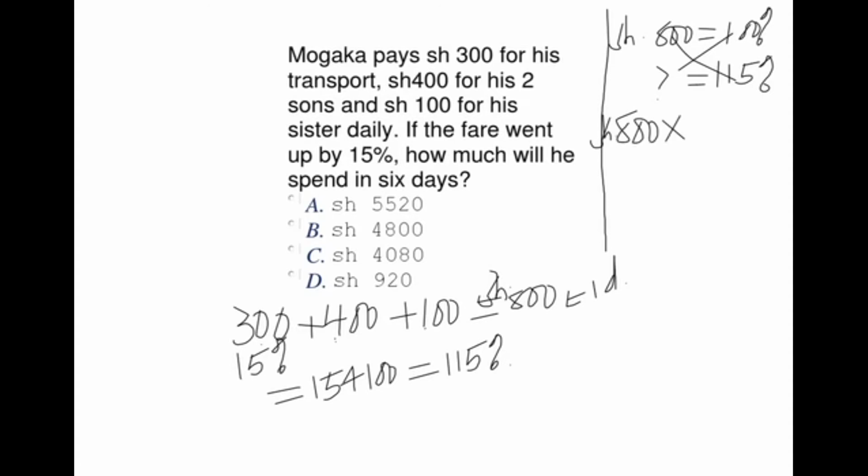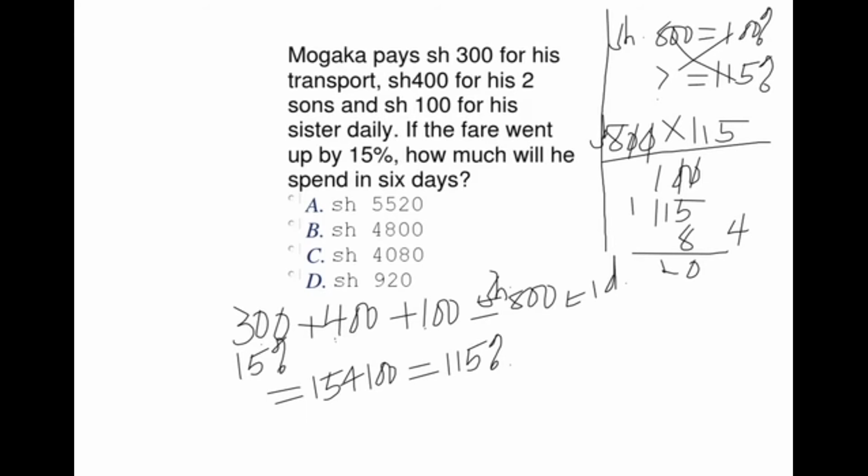So we have 800 multiplied by 115 divided by 100. 2 zeros cancel, so we have 115 times 8. We have 5 times 8 is 40. So we carry 4. 8 times 1 is 8 plus 4 is 12. Carry 1. 8 times 1 is 8 plus 1 is 9. So we have 920. So in 1 day he will pay 920 shillings.